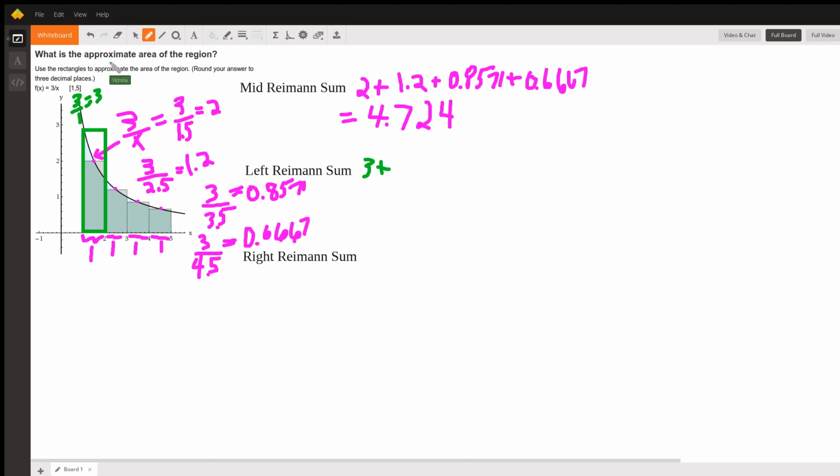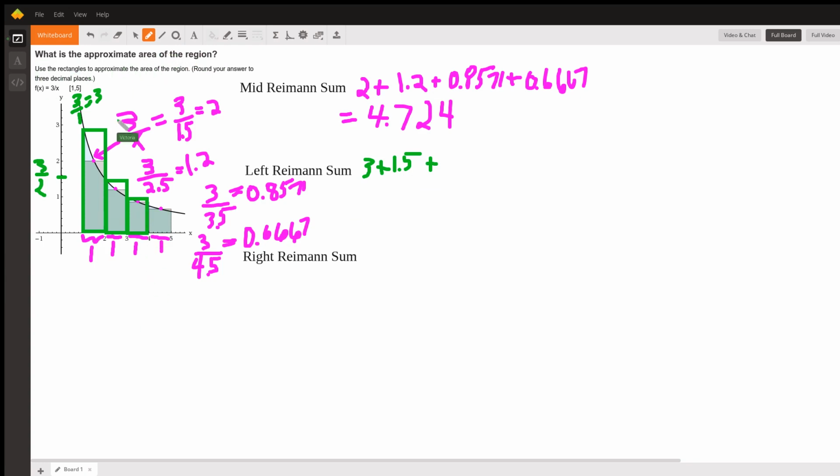And if we go up the left edge of the second rectangle until we hit the function, notice we're going up until we hit the graph, the curve. Anyway, this one is 1 by, well, when x is 2, this is 3 over 2, this is 1.5. So we're going to add 1.5 here. Then we go up the left side of the next rectangle and stop when we get to the function.